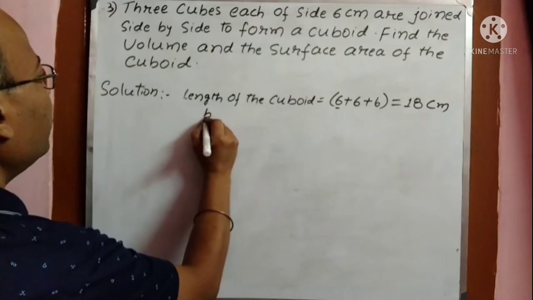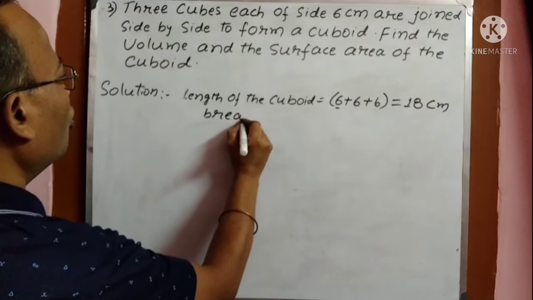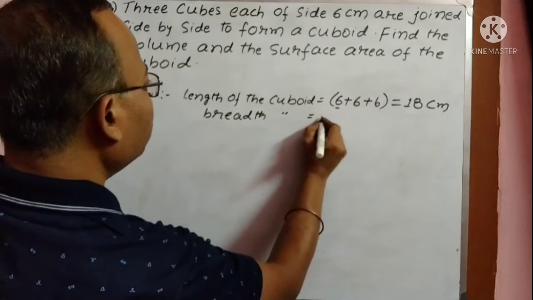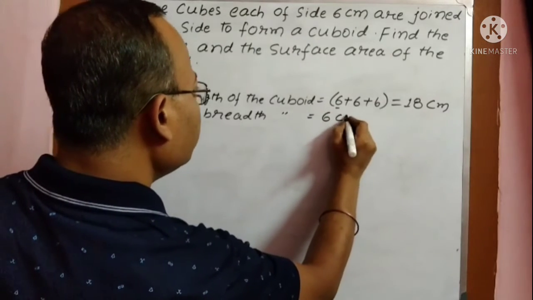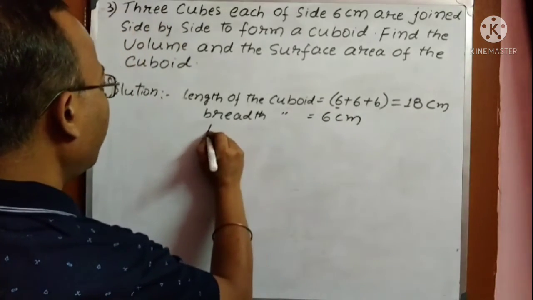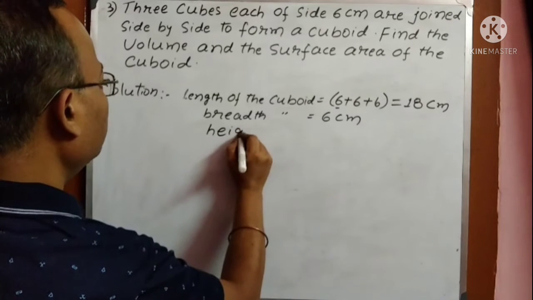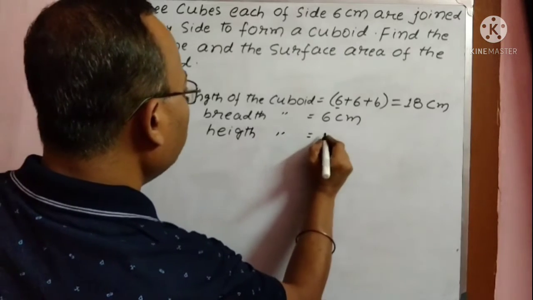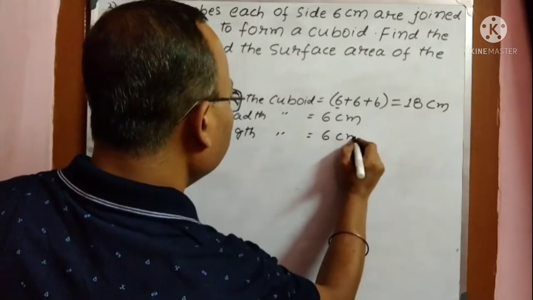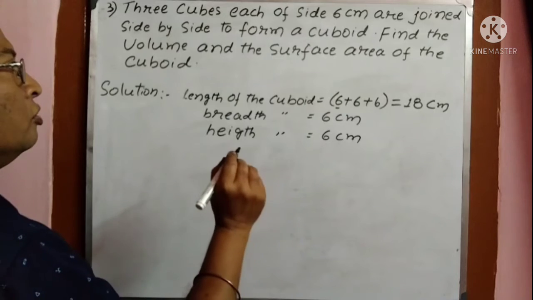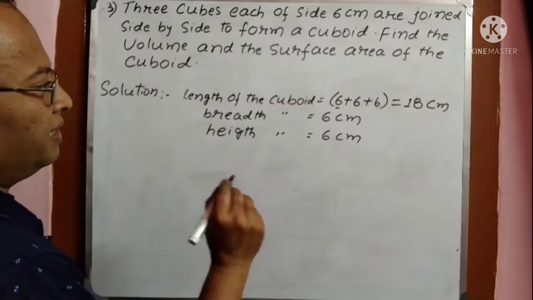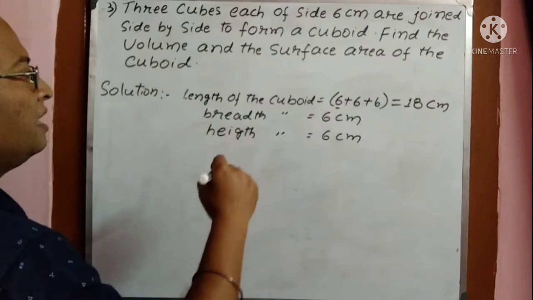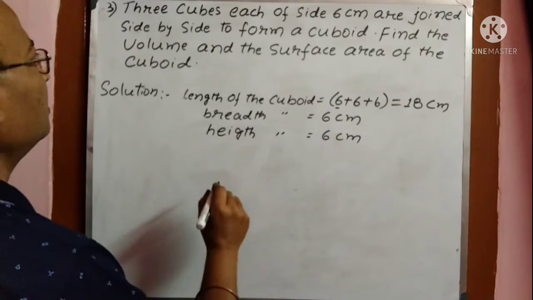And your breadth will be what? Breadth will be same 6 centimeter, and height of the cuboid will be also same 6 centimeter. Okay, because 3 cubes are attached, so length will be the addition, your breadth and height will remain same 6 centimeter.